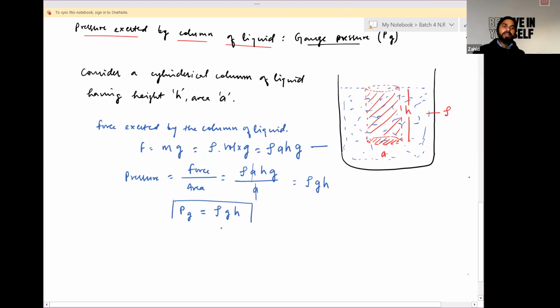This formula depends upon three different terms. First is density of liquid. Next is gravity, unit acceleration. h is vertical column of liquid.